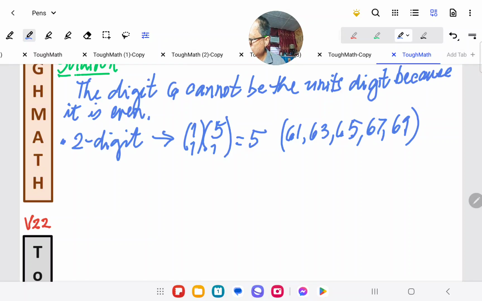However, for the 3-digit case, we have more than 5.